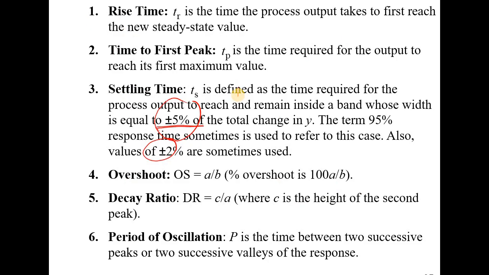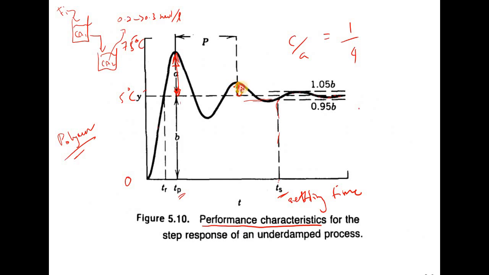So this peak here is 4 times smaller than the peak that I have here. So the decay ratio is equal to C divided by A. It is this peak divided by that peak.